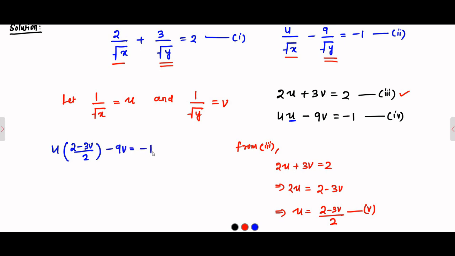So we have converted the entire equation in terms of v. So 2 fours are 4, divided by 2 is 2. So we have 2 into (2 minus 3v) minus 9v is equal to minus 1. That implies 4 minus 6v minus 9v is equal to minus 1.